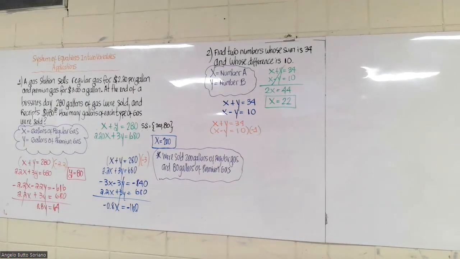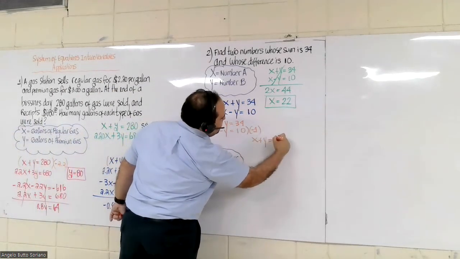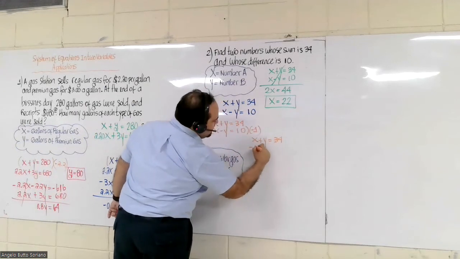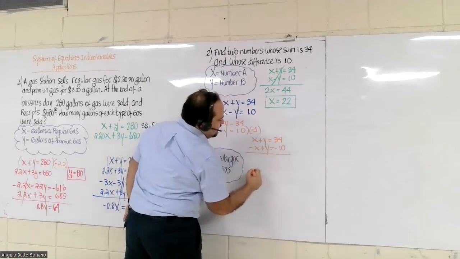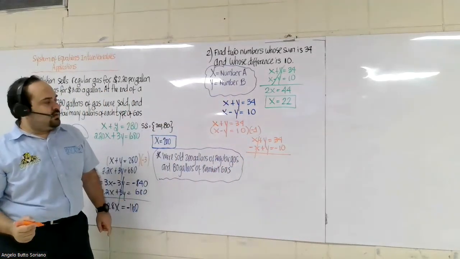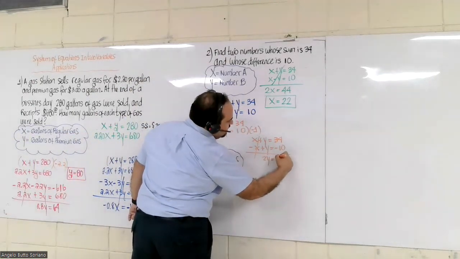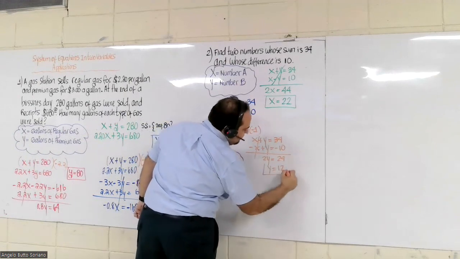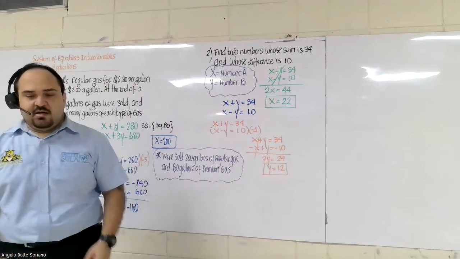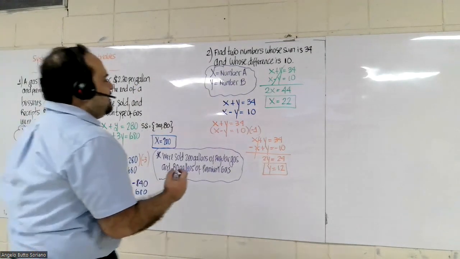It doesn't matter which one; at the end the result will be the same. We have x plus y equals 34 over negative x plus y equals negative 10. We cancel x with x, and y plus y equals 2y equals 24, so y equals 12.